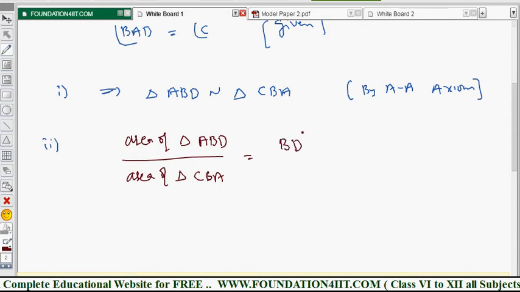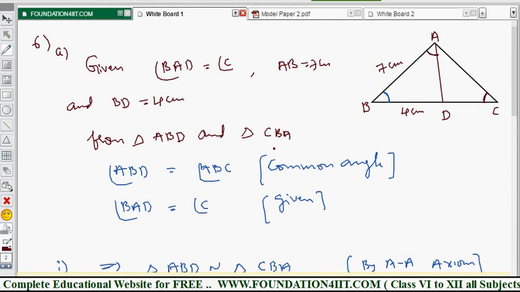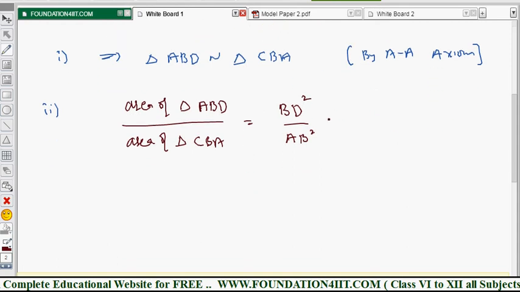I am taking BD from ABD and AB from CBA, because those values are given. So that is BD squared by AB squared, 4 squared by 7 squared. 4 squared is 16, 7 squared is 49, right?